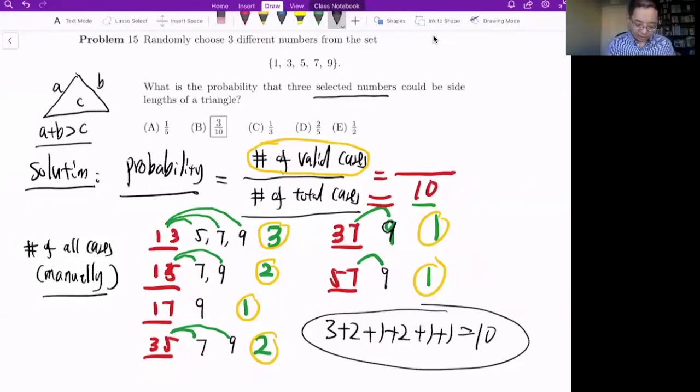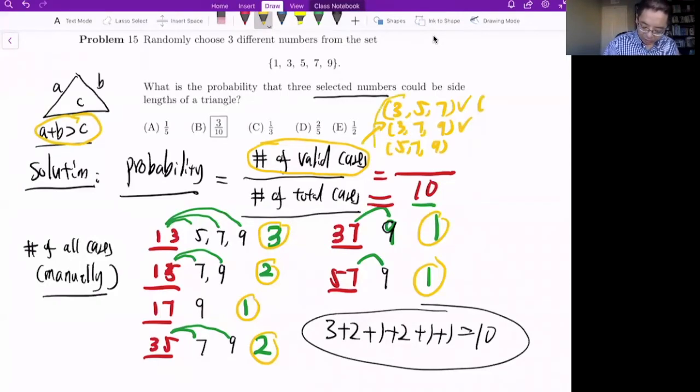So in order to satisfy this relation, let's look at all possible valid cases. We have 3, 5, 7, which is a valid case. Then we also have 3, 7, 9, which is also okay. And the last possible one is 5, 7, 9.